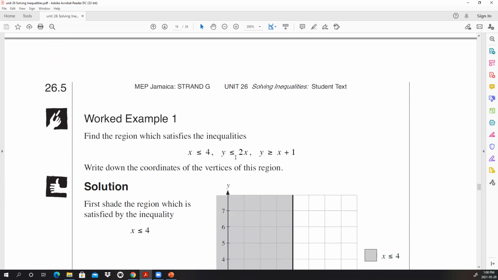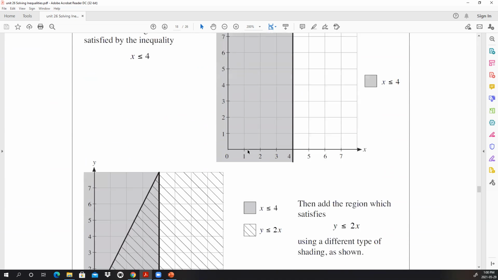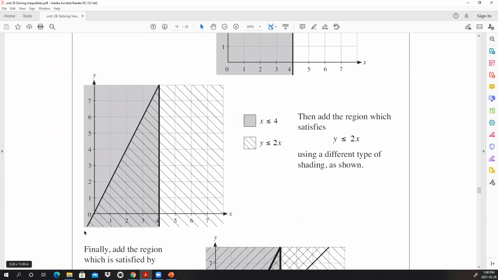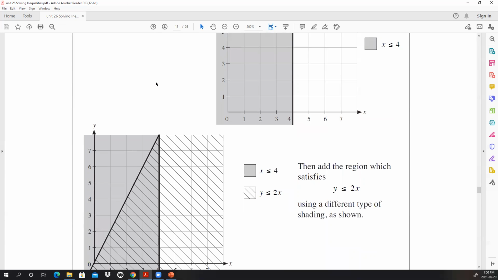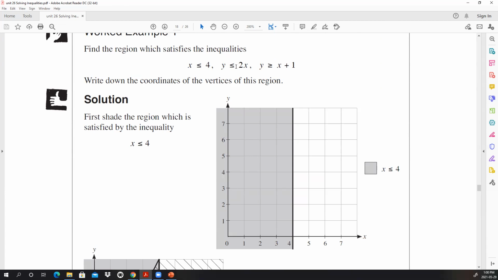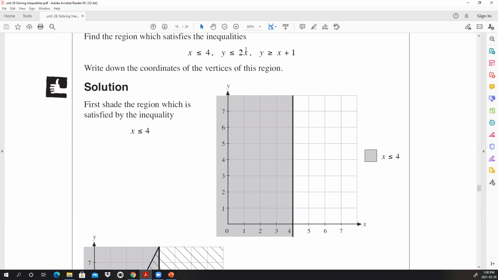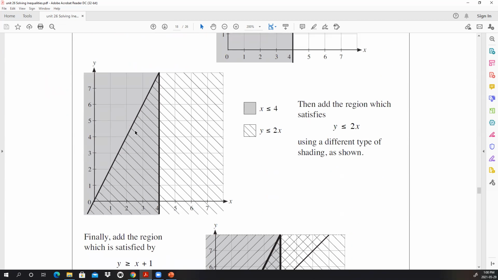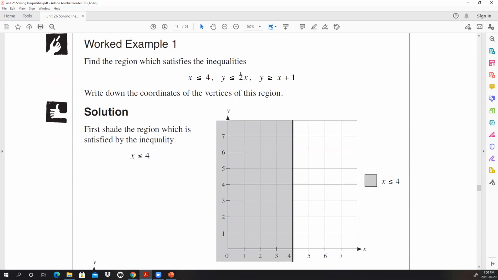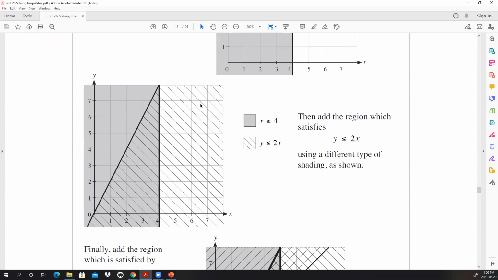Then y is less than or equal to 2x. So y equals 2x is this line here. Watch the line. Then it says y is less than or equal to 2x. If we were to choose 2 points, remember, this is the line y equals 2x. Now you're looking for 2x greater than y.